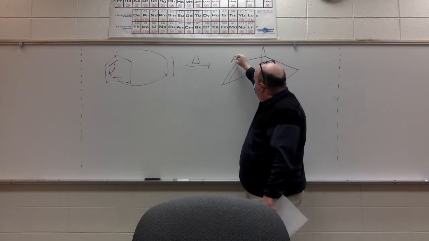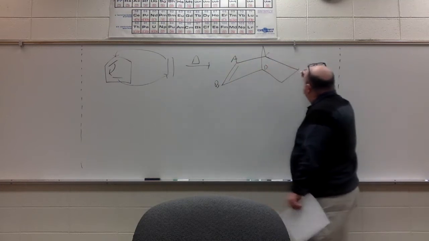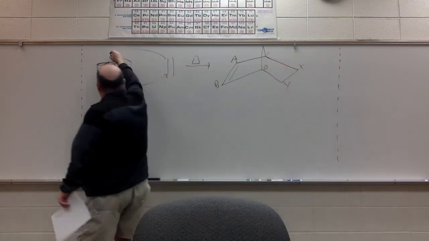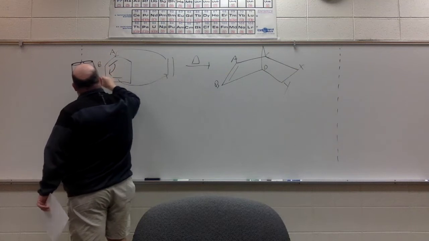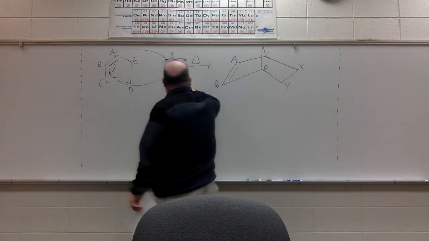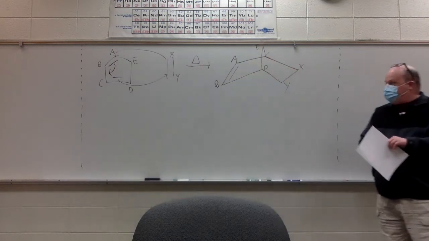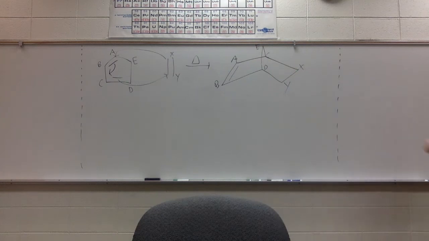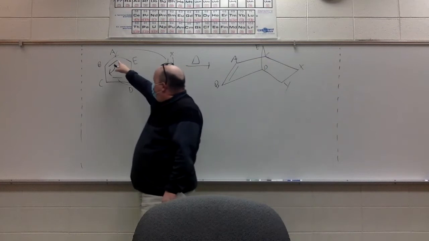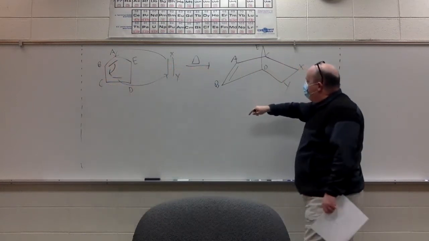I want to do the thing where I label the carbons again. Okay, so you can really signify the fact here that you made the new six-membered ring between the four carbons, A, B, C, and D, of your diene, right?